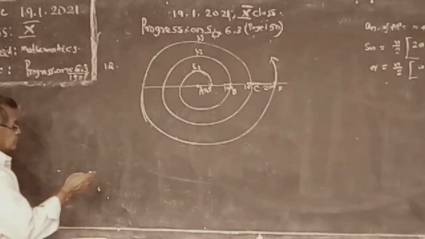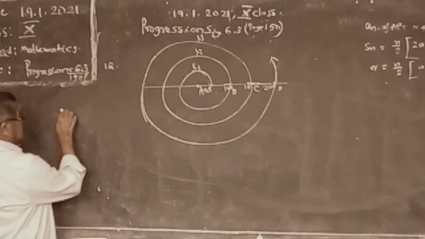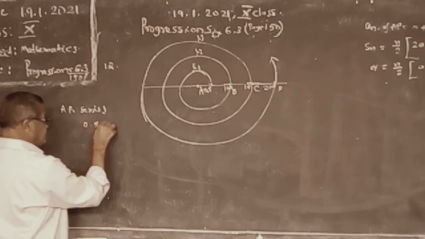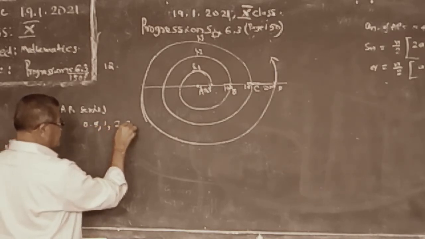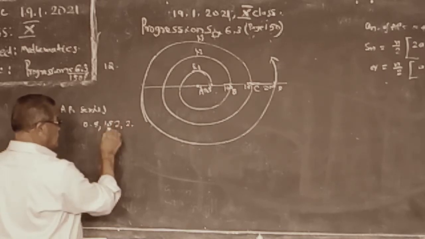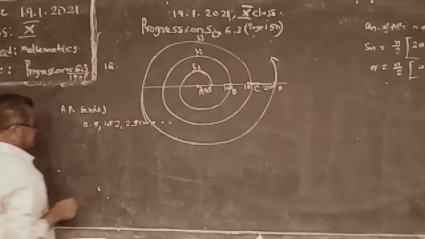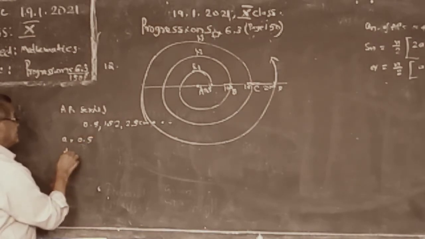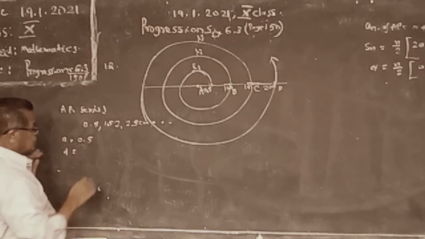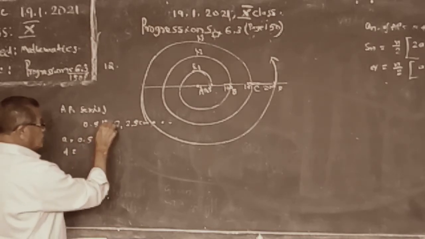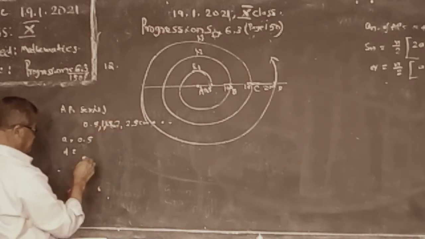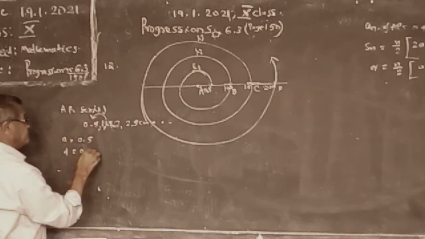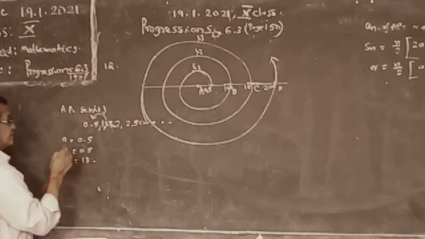Here the AP series is 0.5, 1, 1.5, 2, 2.5 centimeters, etc. Here a is equal to 0.5 and the difference is 1 minus 0.5, which is 0.5. n is equal to 13 spirals.